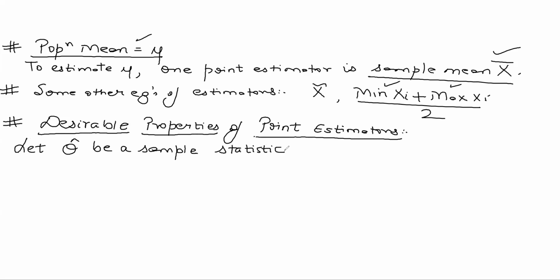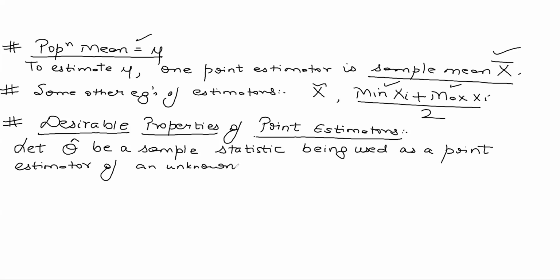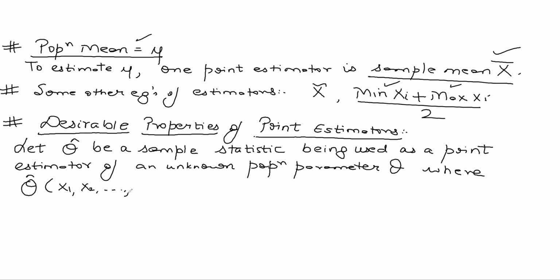Let theta hat be a sample statistic being used as a point estimator of an unknown population parameter theta, where my sample statistic theta hat is a function of the sample values x1, x2, ... xn.